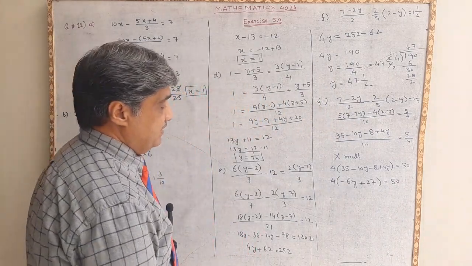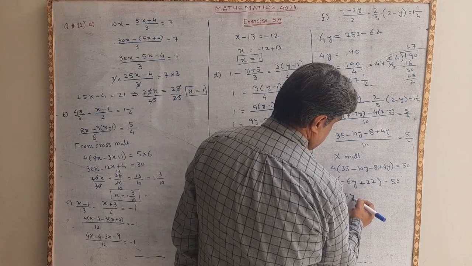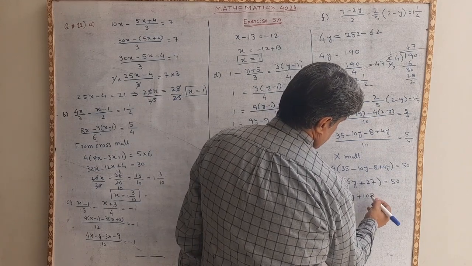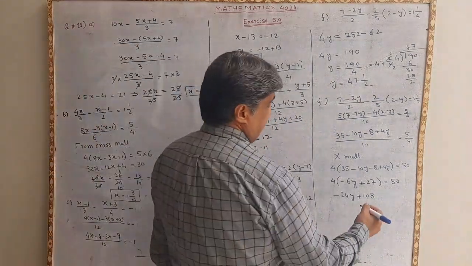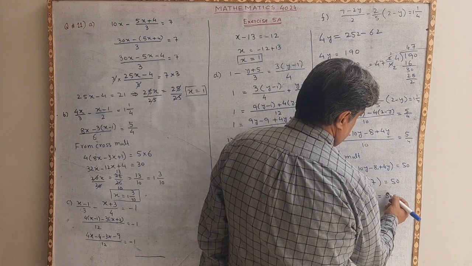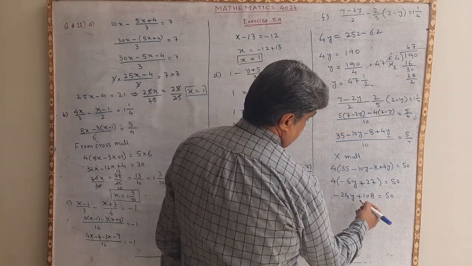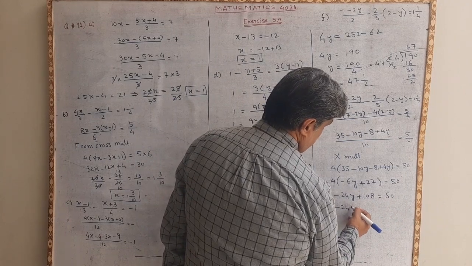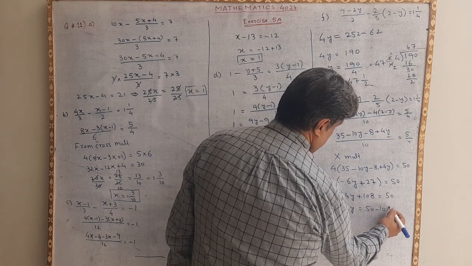Now we have to multiply this 4, so minus 24y plus 108, and that is 50. Now we have to shift this minus 24y plus 108 to the other side, and it will become negative 108.